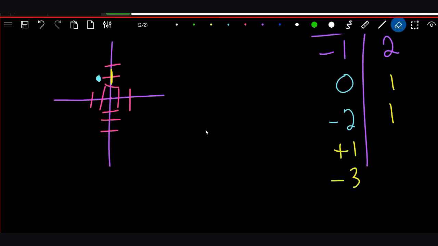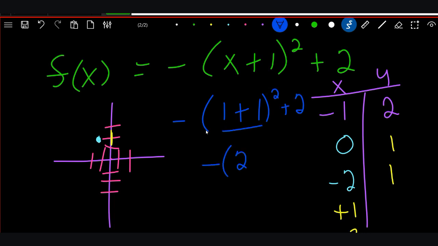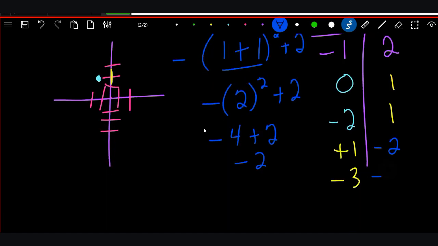All right, so now we just plug those in. All we need to do is plug in one of them. So we'll go here with the positive 1. We'll go negative 1 plus 1 squared plus 2. 1 plus 1 is 2. There's a negative waiting out front for it. And so we get negative 4 plus 2. Negative 4 plus 2 is negative 2. So both of these are going to be negative 2.